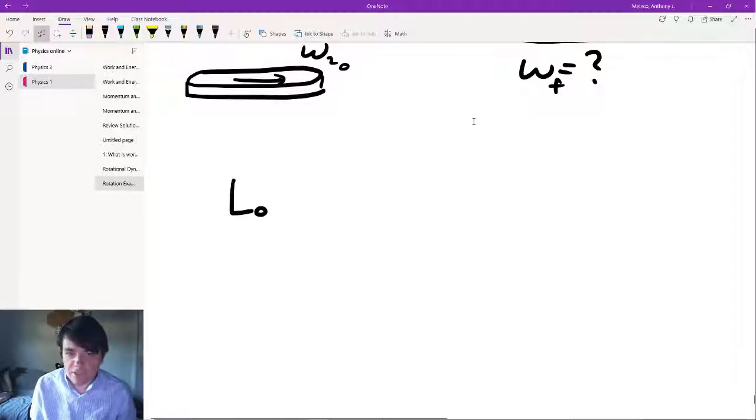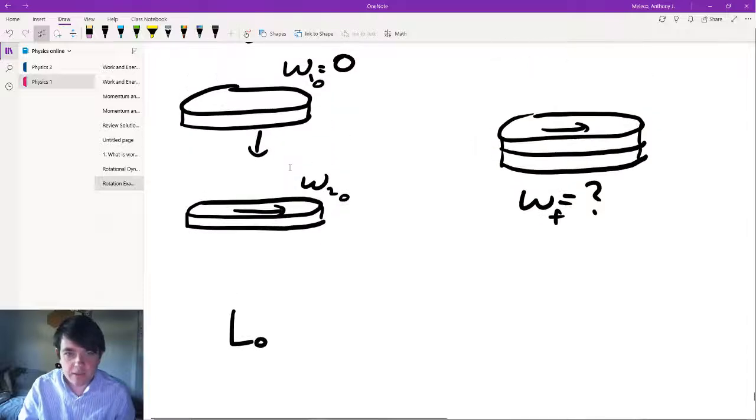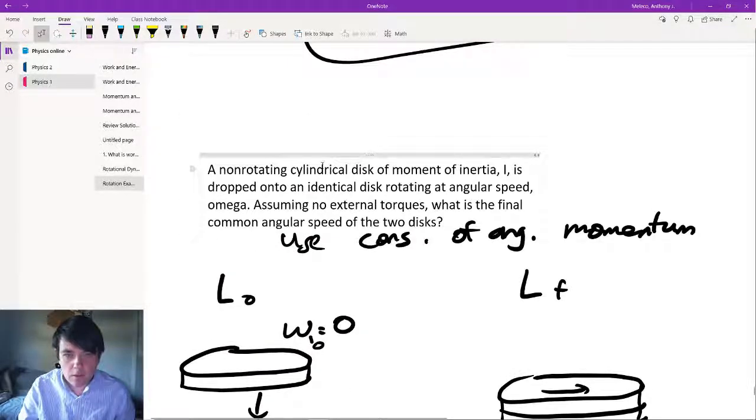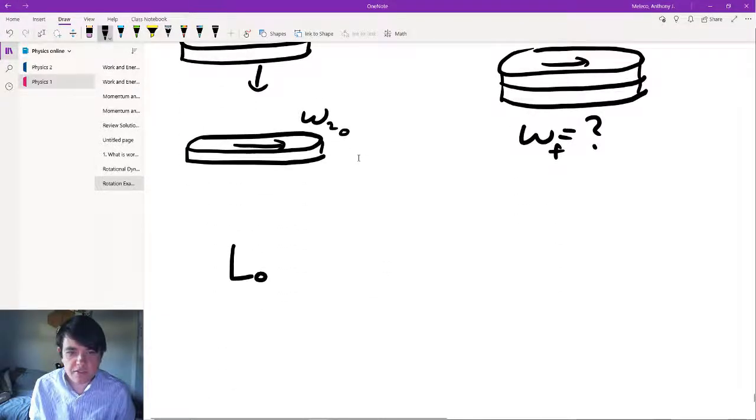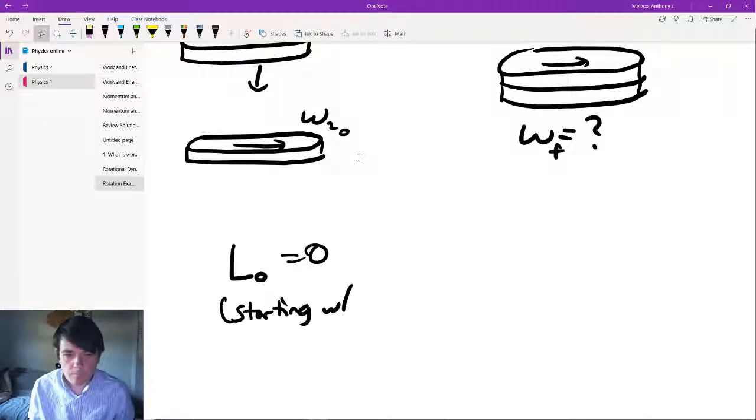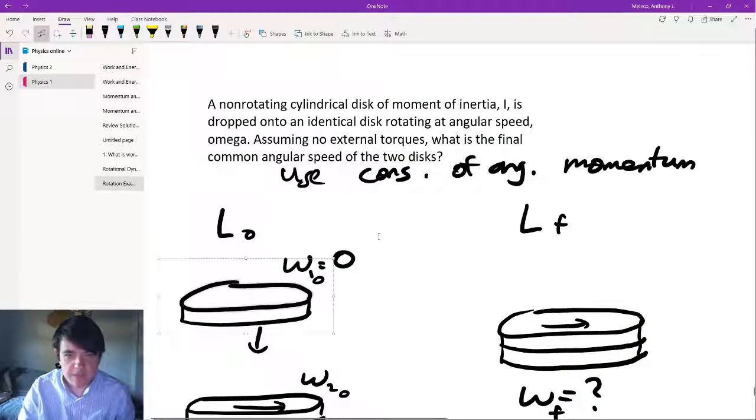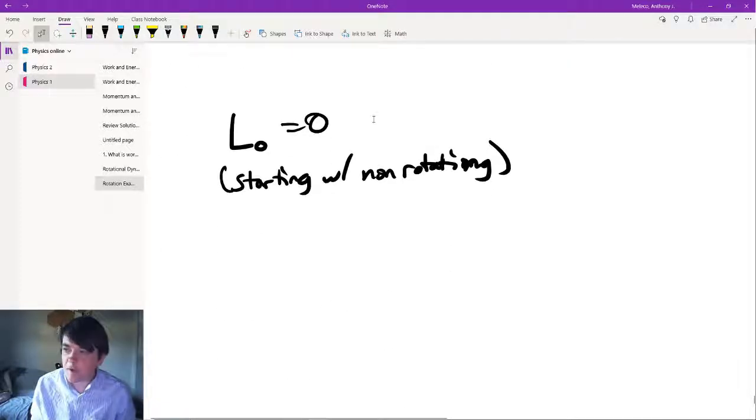So our initial, for the non-rotating disk, is actually 0 because we're starting with non-rotating. Okay, we're just looking at this guy. Our final, whoops, hold on, sorry, I messed that up.